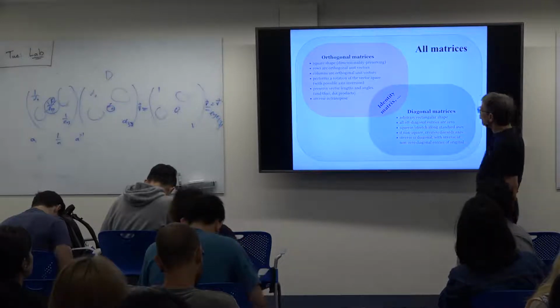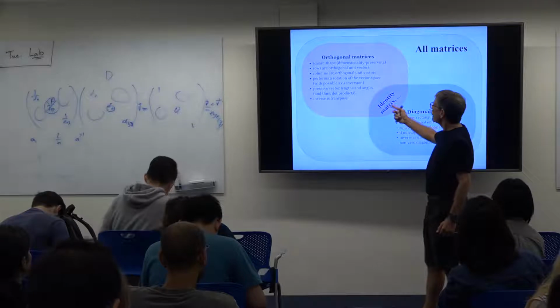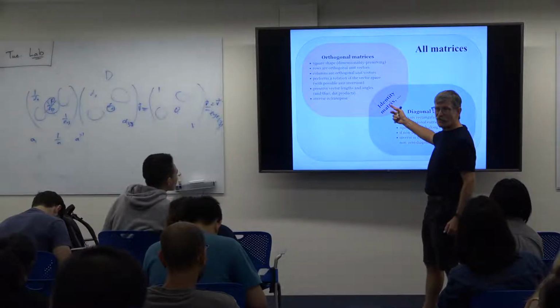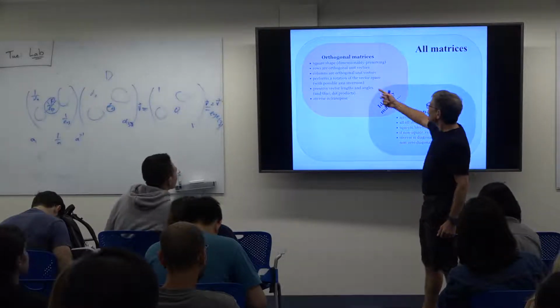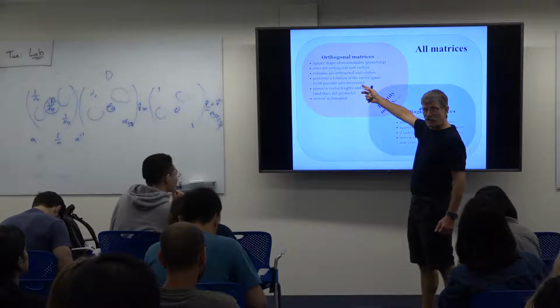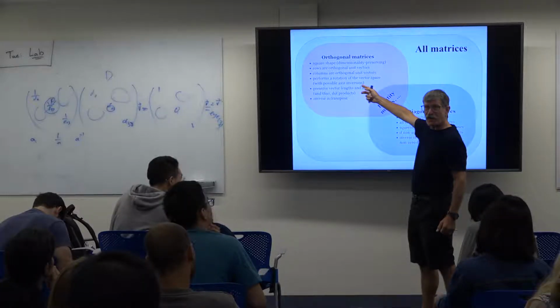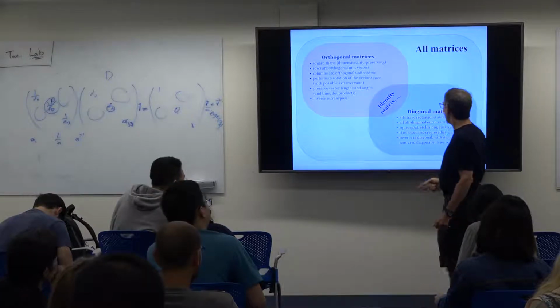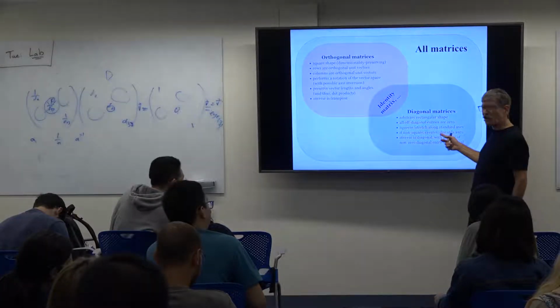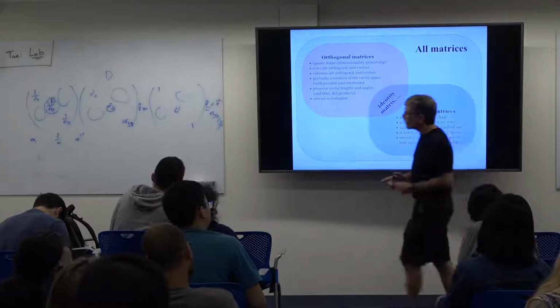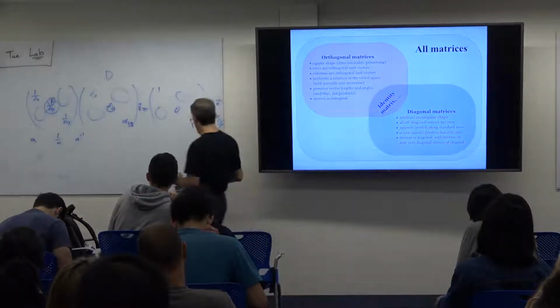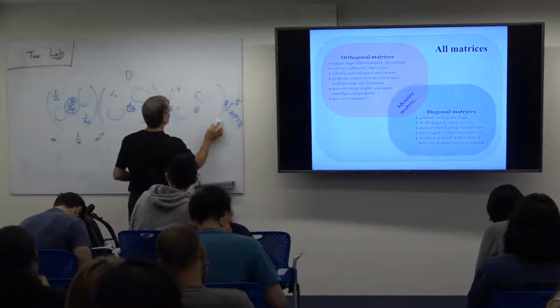Okay. What else can go in the middle here? We said the middle here is things that are orthogonal, meaning all the rows are length 1 and all the rows are perpendicular to each other. Things that are diagonal, so they have this form. There's only stuff on the diagonal and nowhere else.